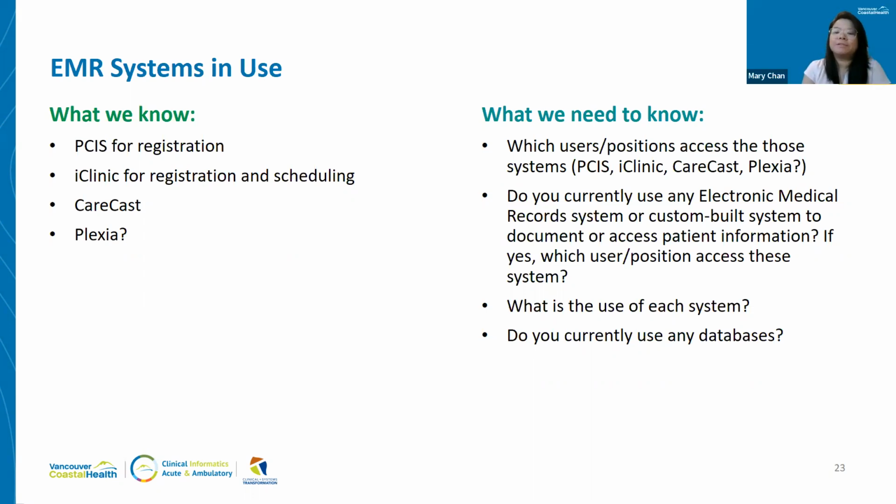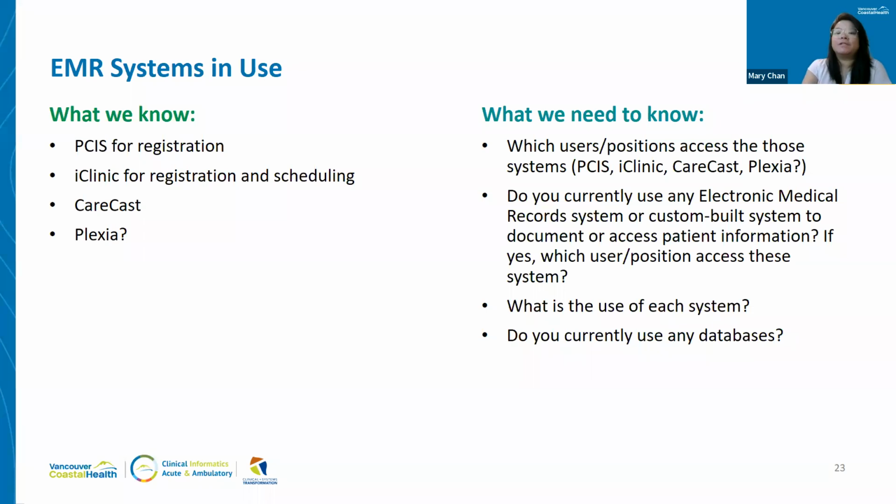And Sonia, can you speak to the MOA piece? Sure. I use PCIS just to print out labels and demographics for patients. We mostly use iClinic because all our scheduling is done through iClinic. Great, thank you. So it sounds like Plexia is not used in the clinic? No, not for cardiology clinic. Okay. Anyone else on the team have questions on this slide or to add to this slide?